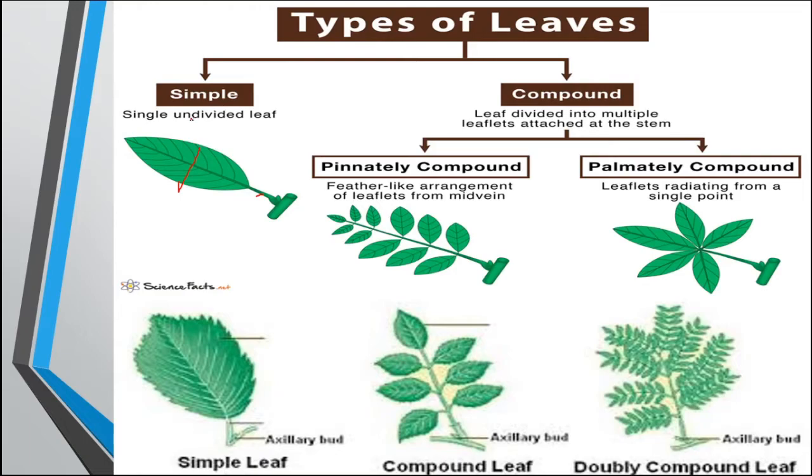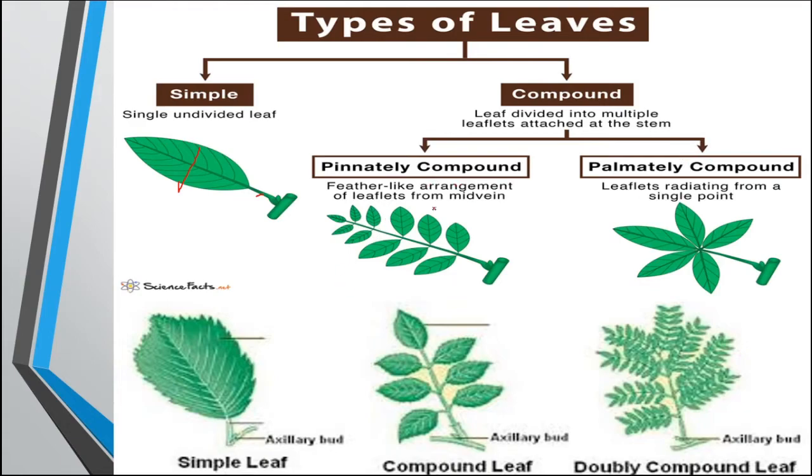Now this simple leaf is an undivided leaf, that is, the leaf lamina is not divided. When the leaf lamina or leaf blade is divided into small leaflets, then it is known as a compound leaf. Here we can see that the compound leaf is divided into multiple leaflets which are attached at the stem, and these are of two types depending upon the incision of the leaf lamina: pinnately compound and palmately compound.